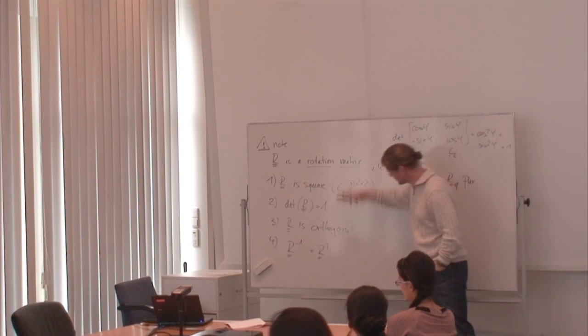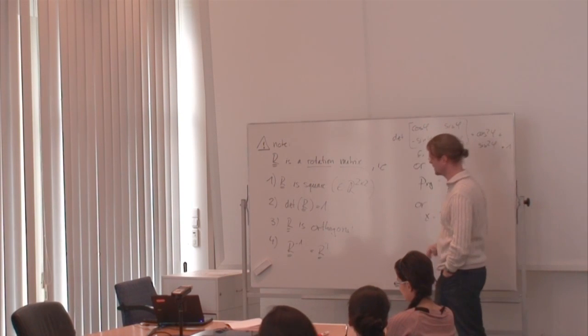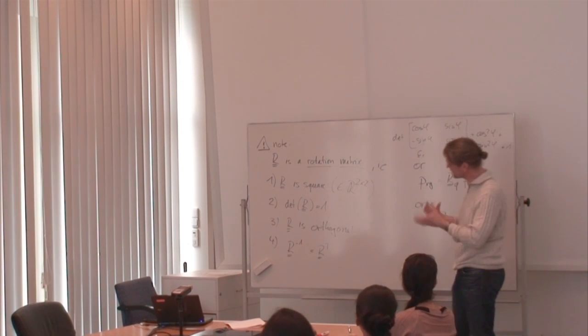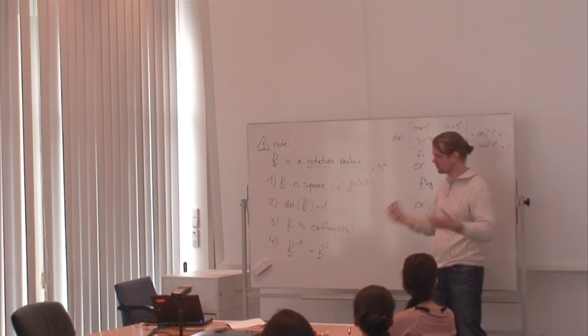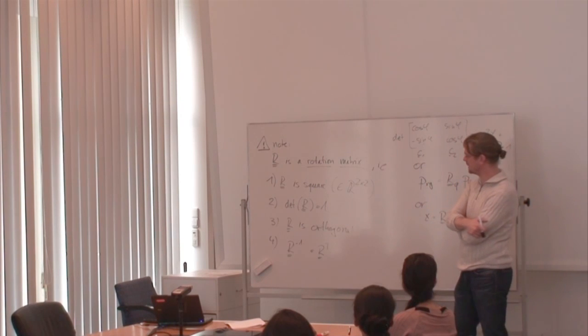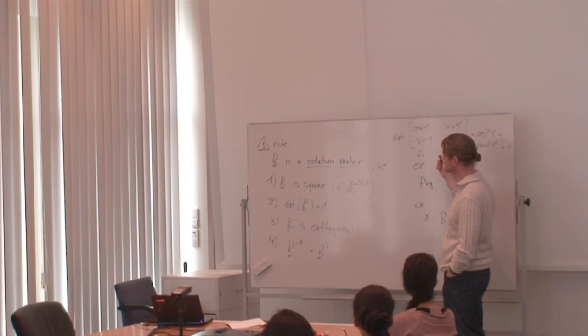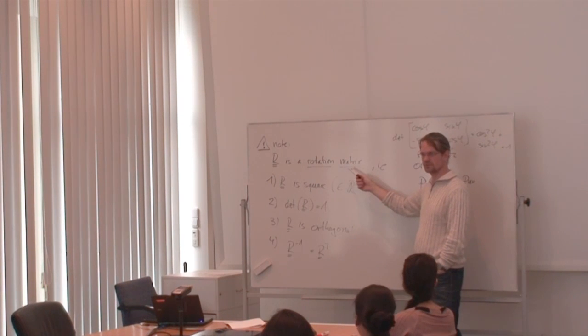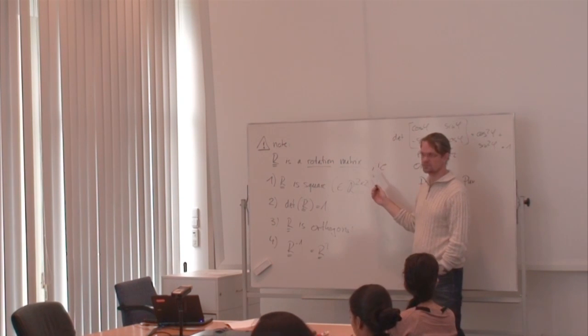Being square is not that special. Having a determinant of 1 is special. Being orthogonal is even more special, and if these things are given, then it's very special indeed. Because of these four properties, this is what we call a rotation matrix.